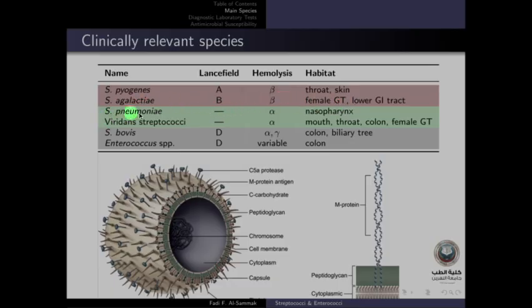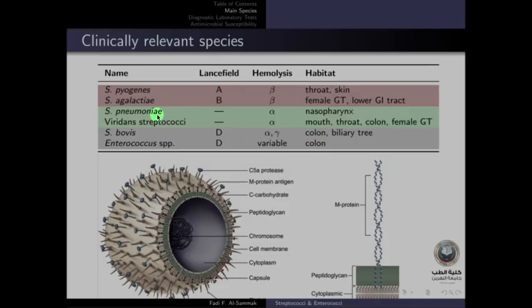Now, the second group is characterized by alpha hemolysis, and it contains Streptococcus pneumoniae, which can also be called pneumococcus. It is present in the nasopharynx, and it is a common cause for pneumonia, meningitis, sinusitis and otitis media.